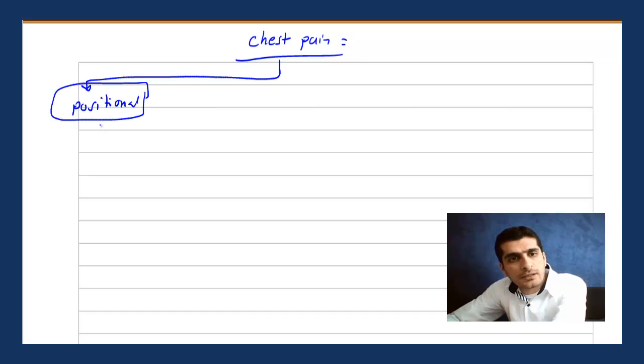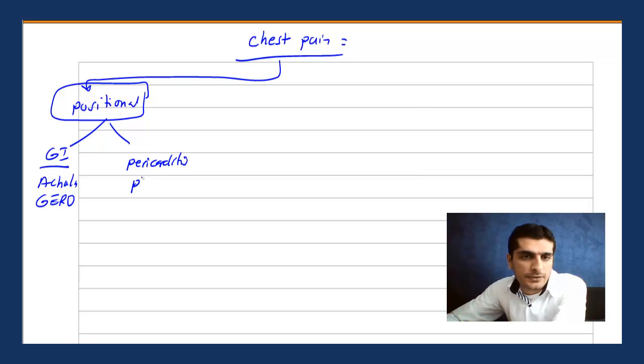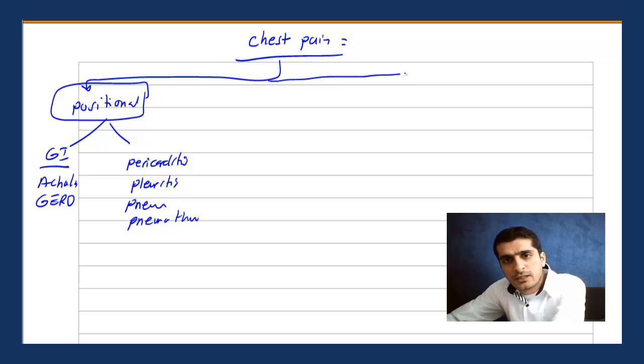Which is basically, if you remember, we divided into GI problems, which is achalasia or GERD, or we divided into pericarditis, pleuritis, pneumonia. You remember these five or whatever, pneumothorax. And each one of them has different features. So I will not go over this positional because we went over this the first time.